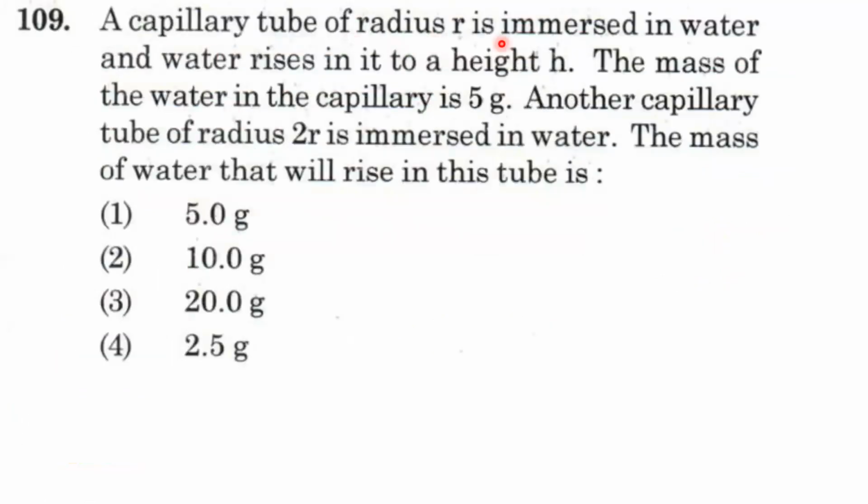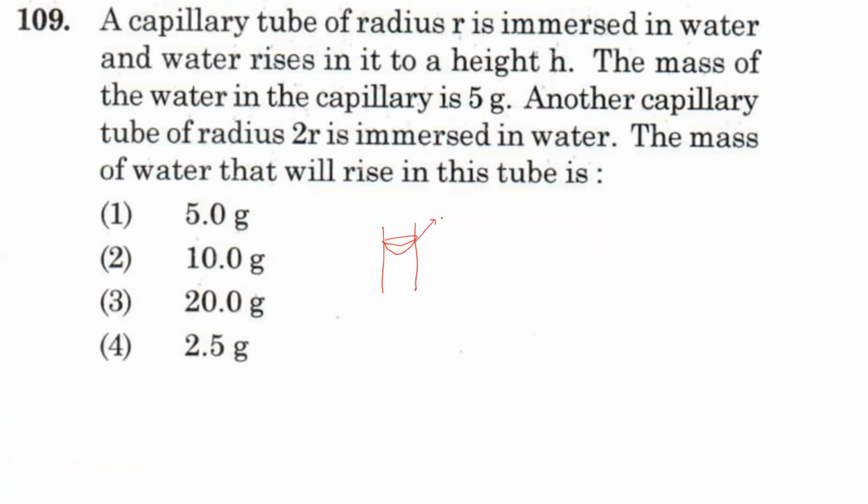A capillary tube of radius R is immersed in water and water rises into it to a height h. The mass of the water in the capillary tube is 5 gram. Another capillary tube of radius 2R is immersed in water. The mass of the water that will rise in the tube is what? Listen here, when we immerse the capillary tube, a meniscus will be formed.